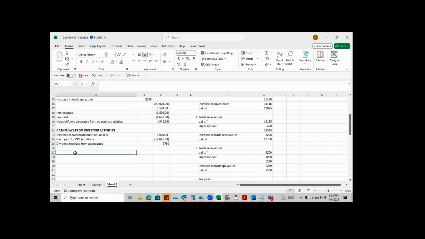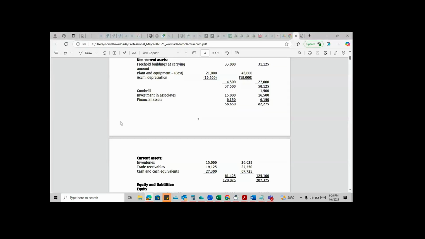All right. What other item do we have there under investing? Did we not leave anything behind? I want to hope we did not leave anything behind. All right. We have goodwill because we made an investment in subsidiary.